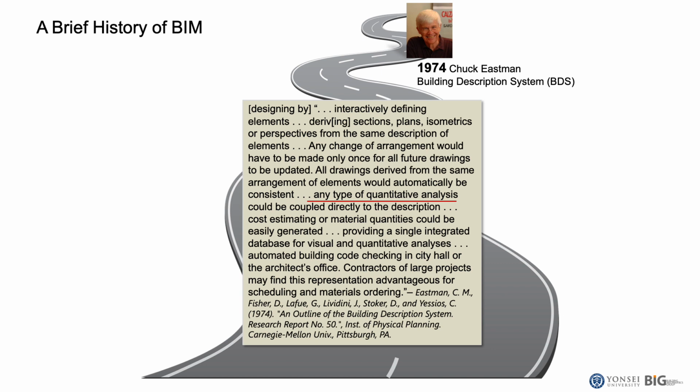And also, the system can conduct any type of quantitative analysis, including cost estimation and material quantity takeoff. It will provide a single integrated database for visual and quantitative analysis, including automated building code checking and scheduling and materials ordering.